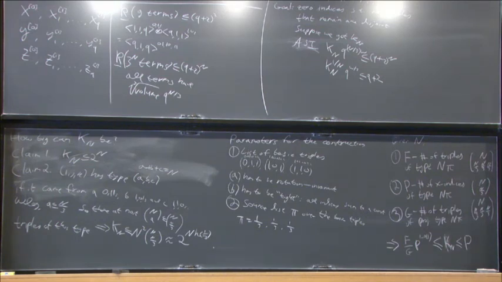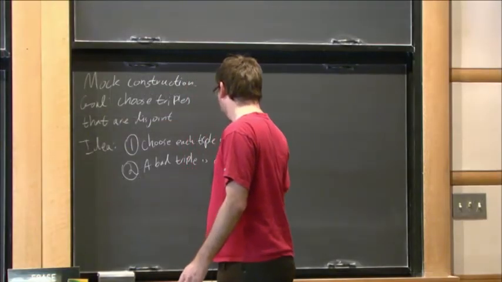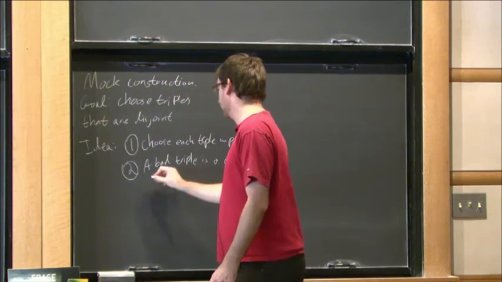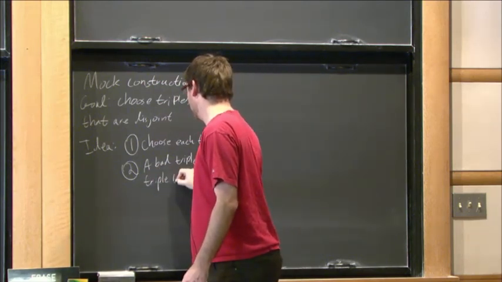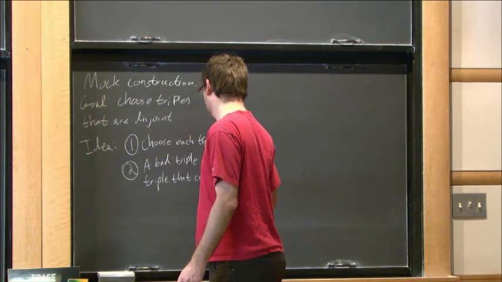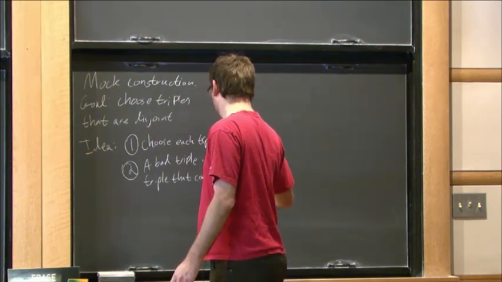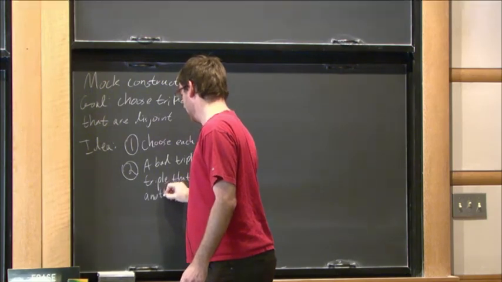Okay, so what do we do here? The idea is very easy, very simple. You choose each triple with some probability epsilon that we'll optimize over. Now say a bad triple is a chosen triple that conflicts with another chosen triple.